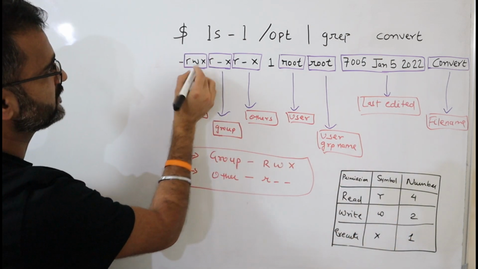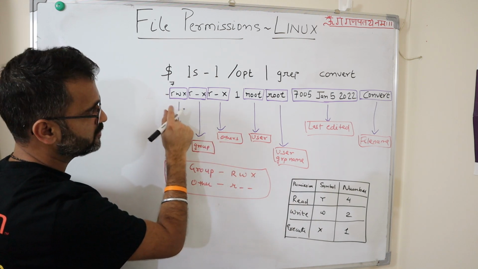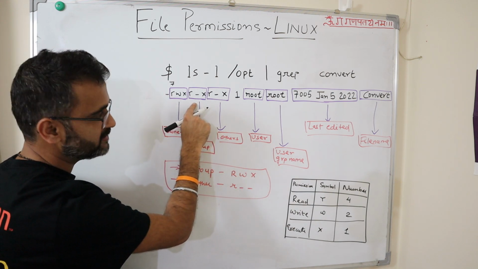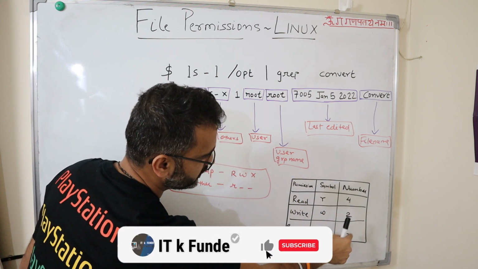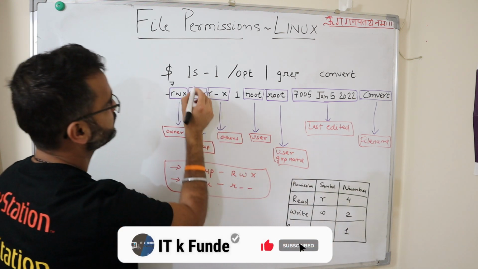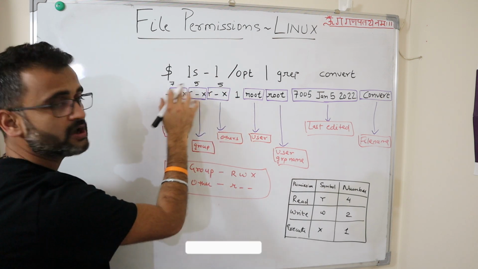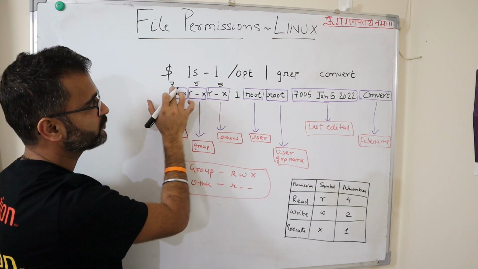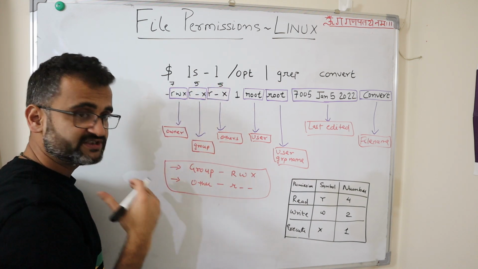So the code is 7. And for this other example, it is read and execute, so 4 plus 1, 5. And again this is also 5. So right now the permission set is of code 755, but now we want to change it.